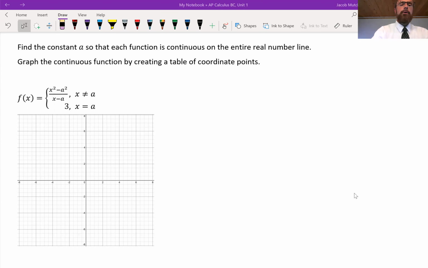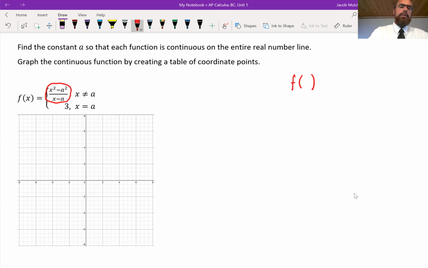So the one part is this rational, x squared minus a squared over x minus a. So what I want to do is I'm going to bring that function over. And our strategy on the last two examples was to solve by putting the common x value in instead of x.